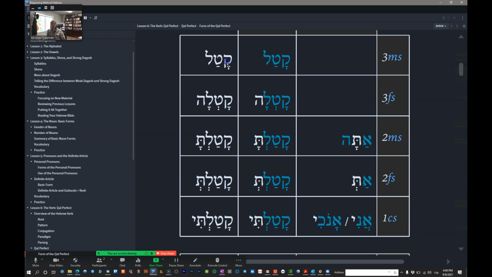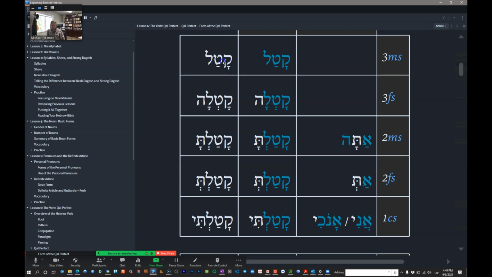The R1 letter, that just means the first root letter. R stands for root and 1 stands for first, obviously. So the kof here would be R1, the first root letter. The R1 vowel in the Cal Perfect is the kametz. The R2 vowel, or second root letter vowel, is usually patach. All right, so 3ms would just be achal.